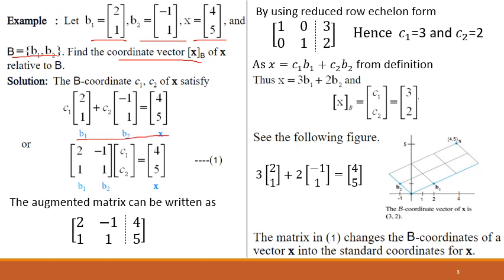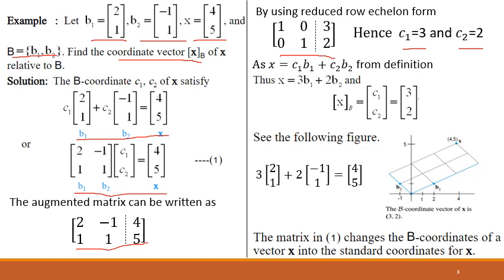For the solution of this problem, the B-coordinates C1, C2 of x satisfy this equation. We can write this equation in matrix form as this. The augmented matrix of the above matrices can be written as this. By using reduced row echelon form, we will get the value of C1 equal to 3 and C2 equal to 2.